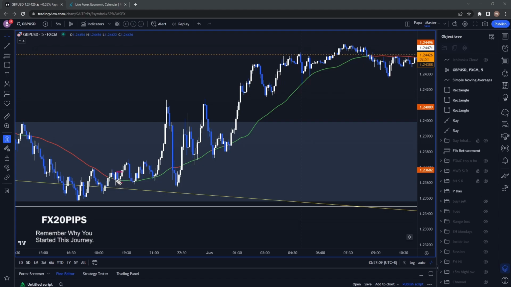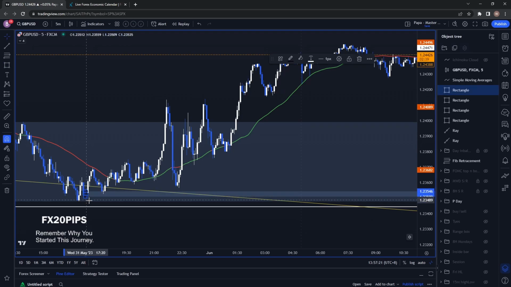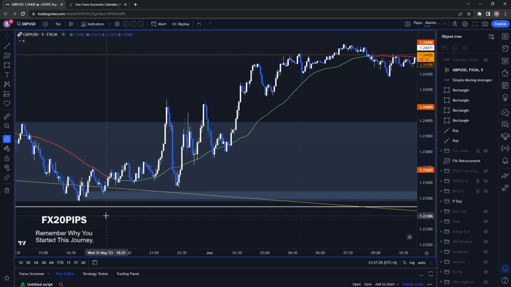Okay, but then there's a wick here. So maybe you want to put in here to here. Let's draw it. Okay, the previous one was here, isn't it? Okay, hope you are following me.